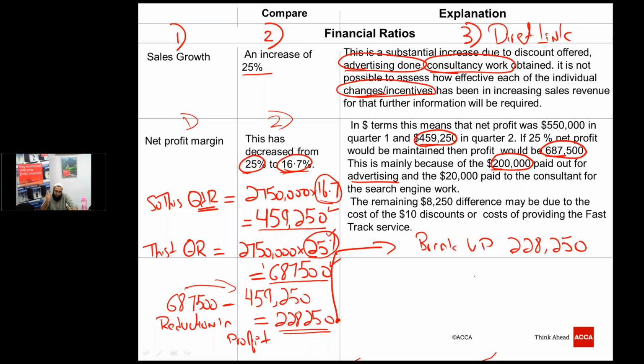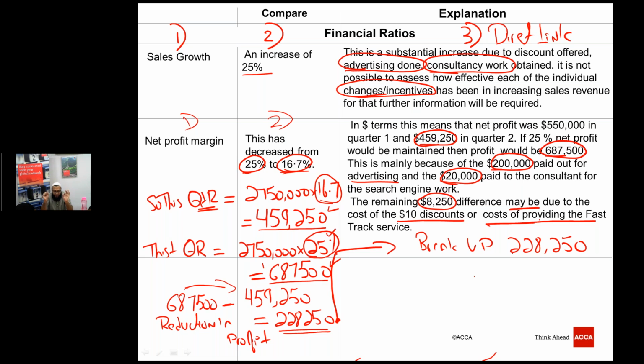Perfect. 20,000 was paid for consultancy. So this makes how much? 220,000. And the remaining figure of 8,250 maybe because of the discount you have offered or the fast track delivery service cost. Perfect and not at all difficult.